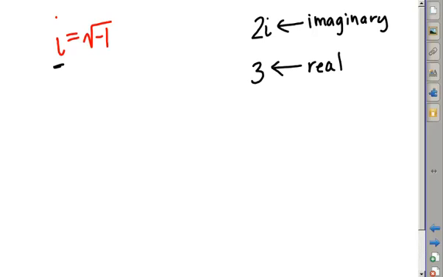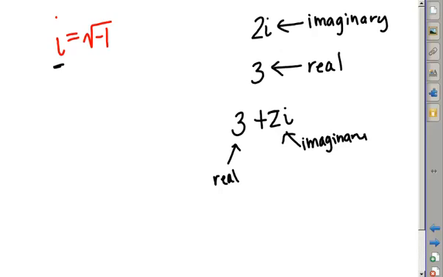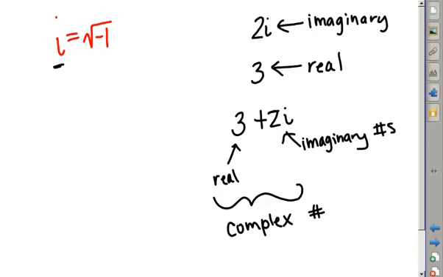So if we put them together, say 3 plus 2i, this has a real part and an imaginary part. So we have something that is complex. So this is a complex number. We have imaginary numbers, we have real numbers, and together they give us a complex number.